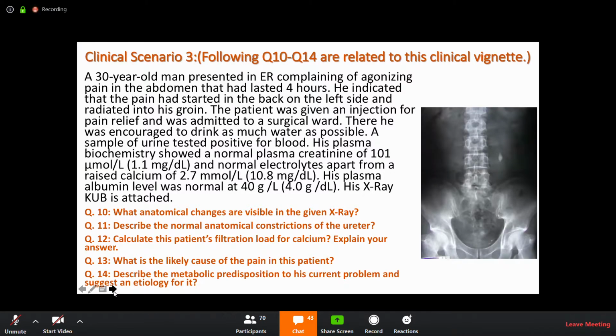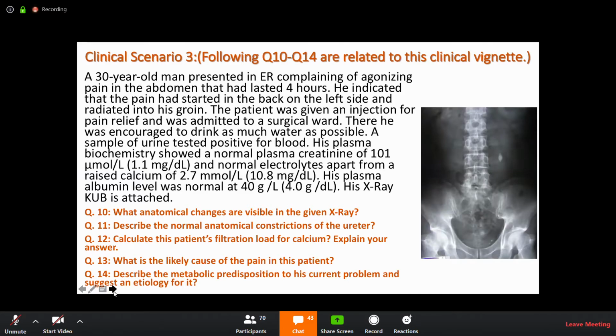So if we assume that the GFR is 125 milliliters per minute, and we assume that the calcium plasma value is 2.7 millimoles per liter, or 10.8 milligrams per deciliter, we multiply 125 by 10.8, and that will give us our filtration load for calcium.